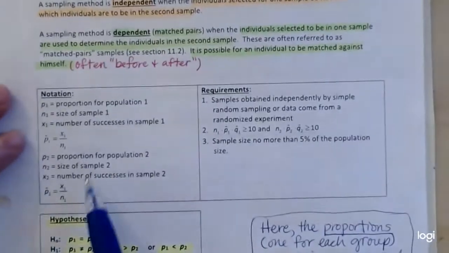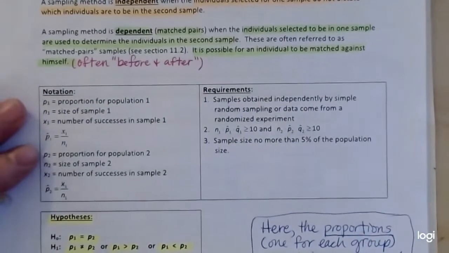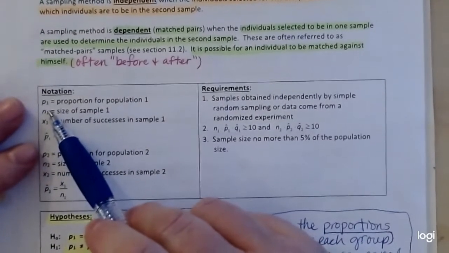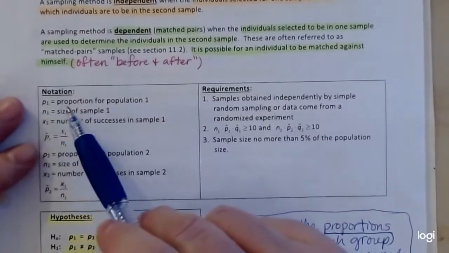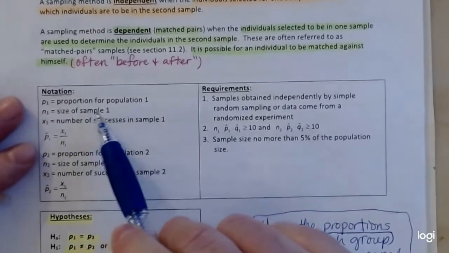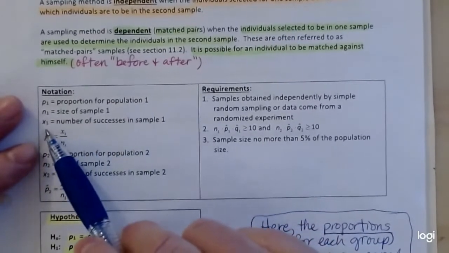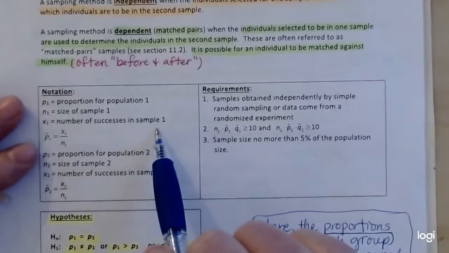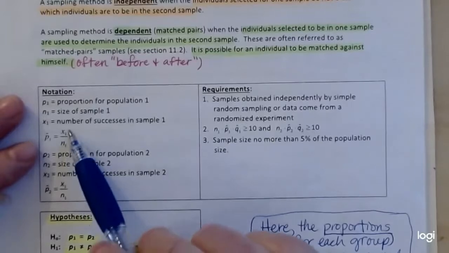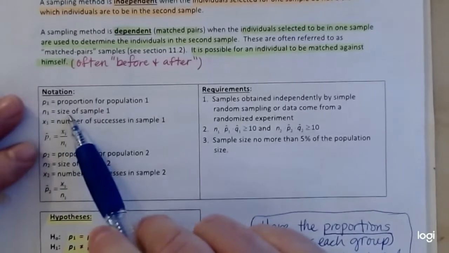The notation is pretty much what we're familiar with. It's just that now we have two samples, so we have to use a subscript to distinguish them. So p1 is the proportion for population 1, n1 is the size of sample 1, and x1 is the number of successes in sample 1. And p-hat 1 is x1 over n1, in other words, the proportion for the first sample.